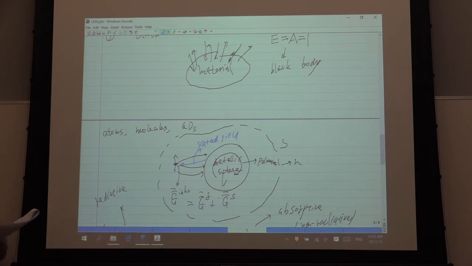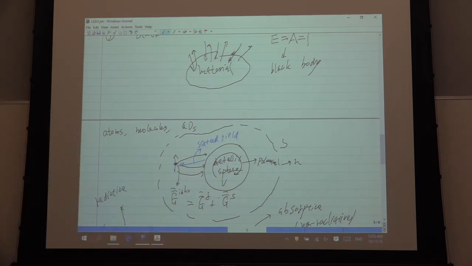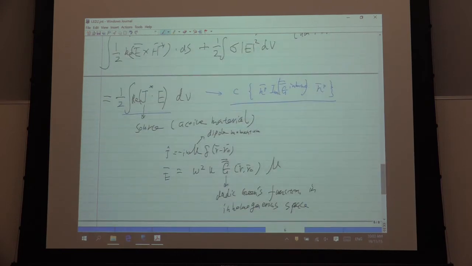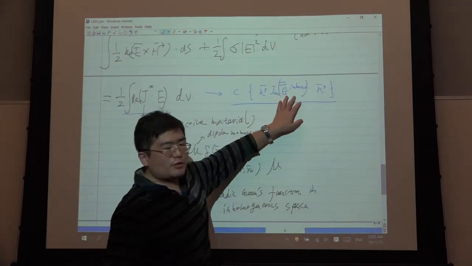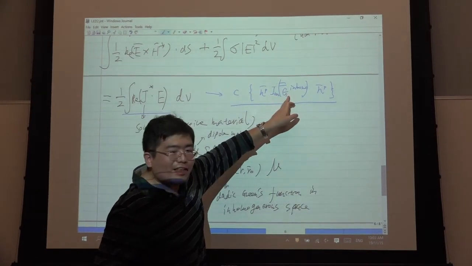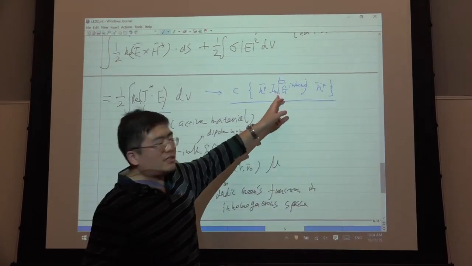If you can enhance the spontaneous emission inside the structure, which actually enhances the overall emission, this is just the Purcell effect, because the Green function changes. The emitter's Green function: initially you put it in free space, this is the free space Green function. But if you put in some cavity, some inhomogeneous environment, you change to another Green function. This enhancement we call the Purcell effect. It can enhance the spontaneous emission.